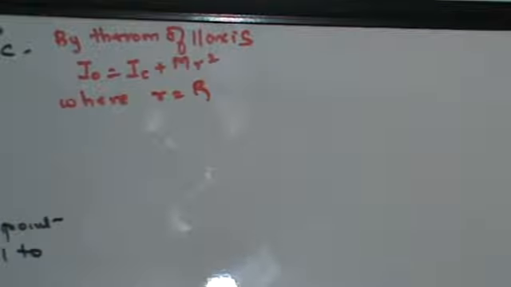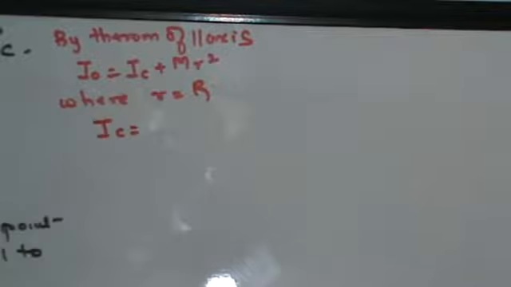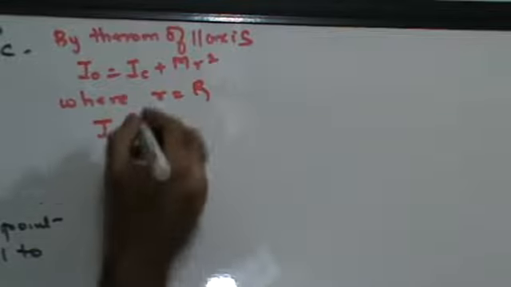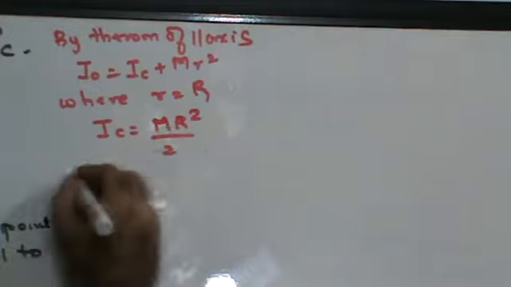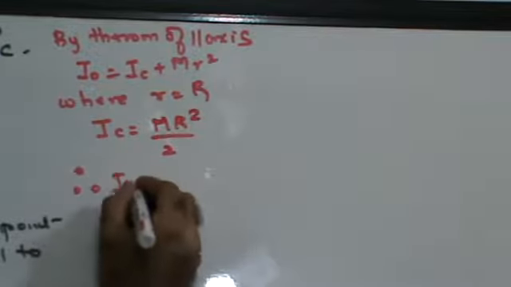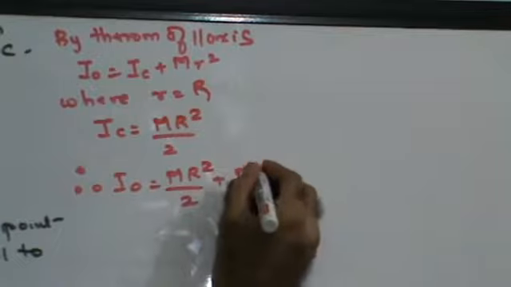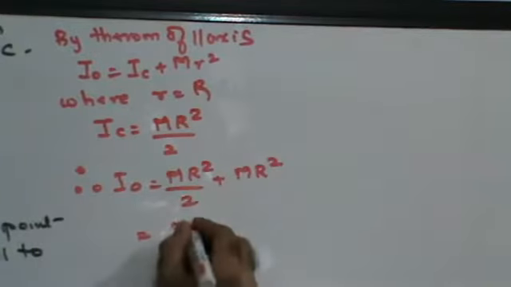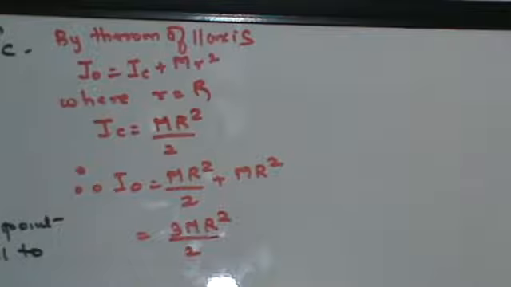IC is the moment of inertia of the disc about an axis passing through the center and perpendicular to the disc, which we found out as MR square by 2. Therefore, IO is equal to MR square by 2 plus MR square. This is nothing but 3 MR square by 2. So that is going to be my moment of inertia of the disc.